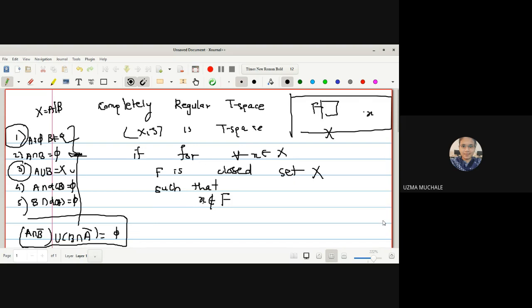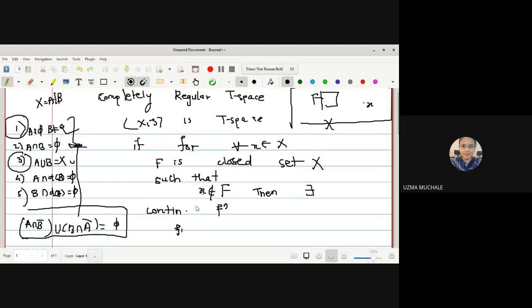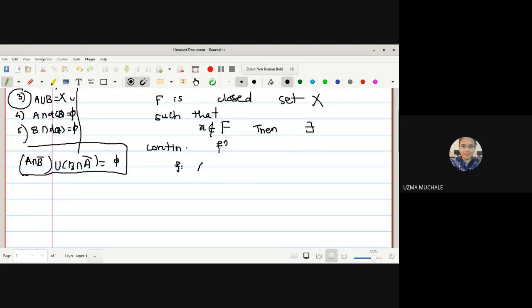Then there exists a continuous function f, a mapping from X to the closed interval [0,1], such that f(x) is equal to 0.